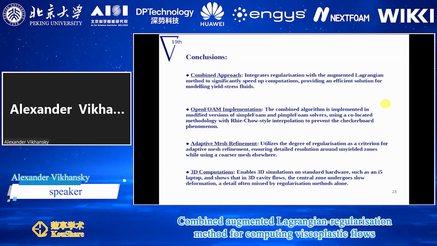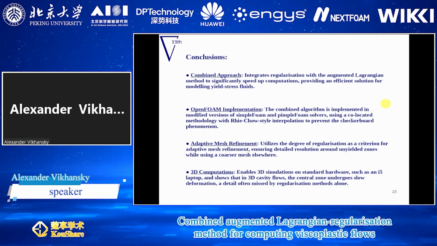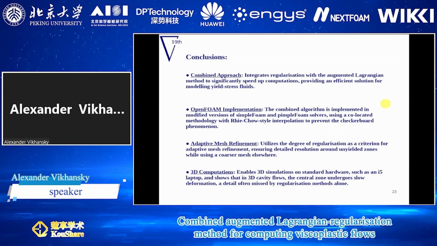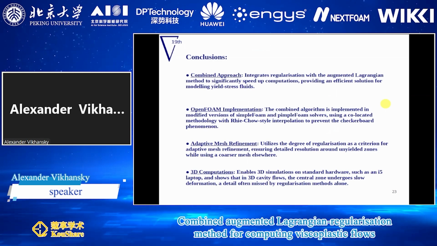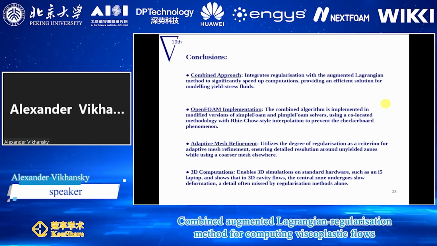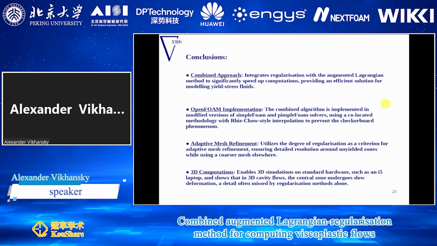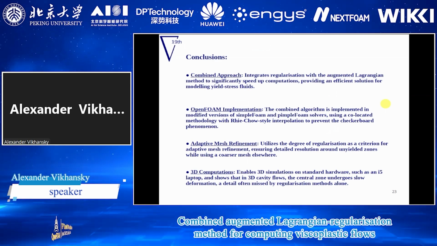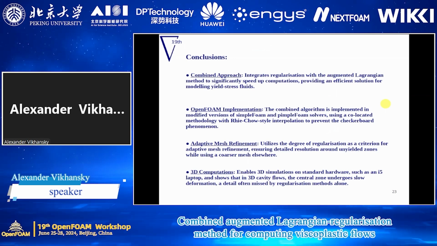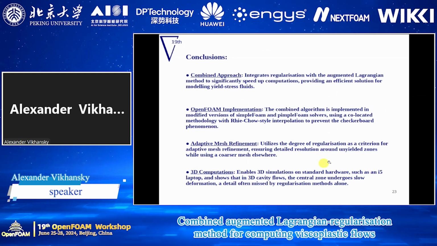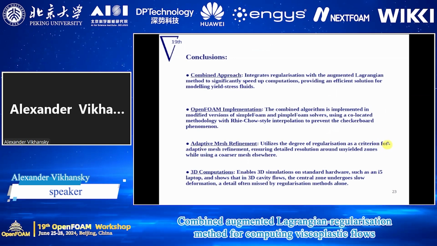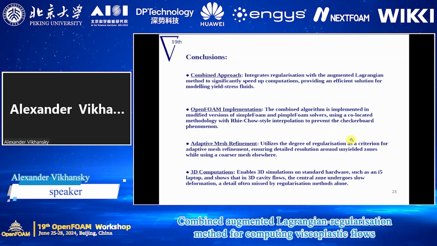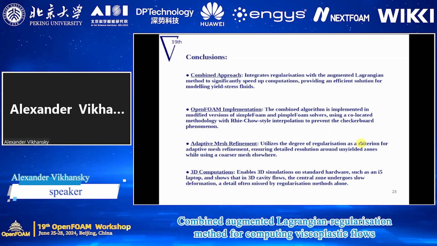We can implement it in OpenFOAM, but for the rheological part, we need a Rhie-Chow style interpolation. Probably it's good for any type of rheology. It's always better to have stress at the faces rather than at the cell centers. The good side of OpenFOAM is that it allows for adaptive mesh refinement. In this case, we have a clear candidate for the criteria for this.